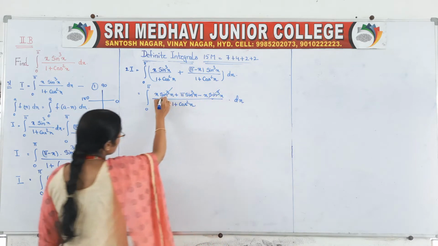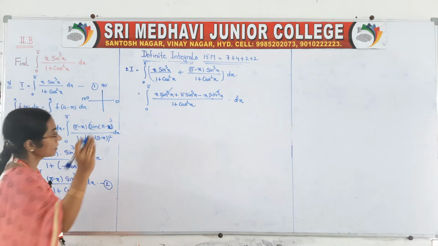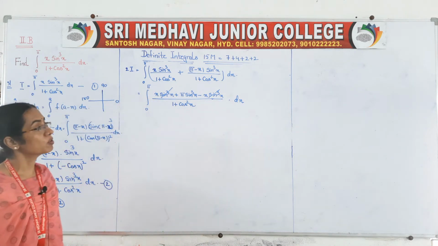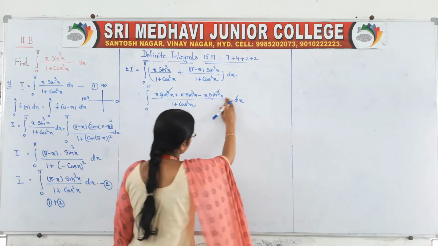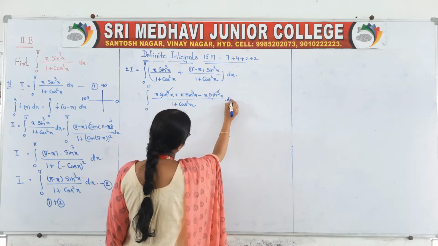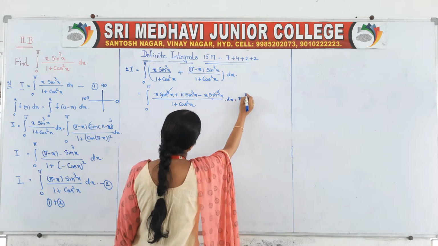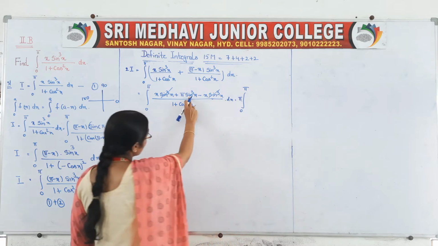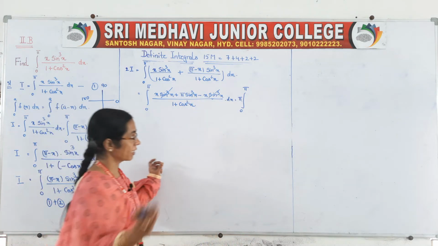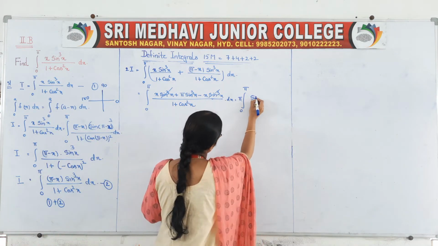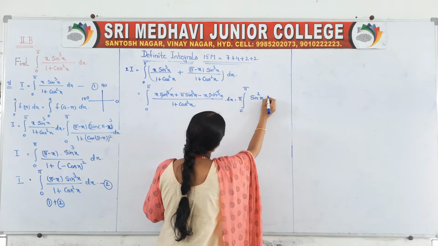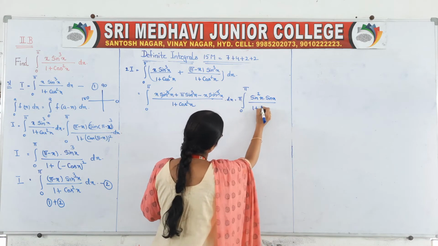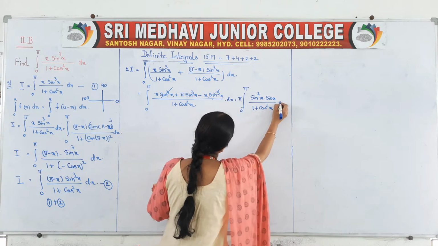So positive and negative values cancel, and whenever a constant is there, we can write it outside the integral, so pi can be taken outside. It is 0 to pi. What is the leftover value? Sine cube x. Can I write that sine cube x as sine square x into sine x? Yes, we can write, by 1 plus cos square x into dx.